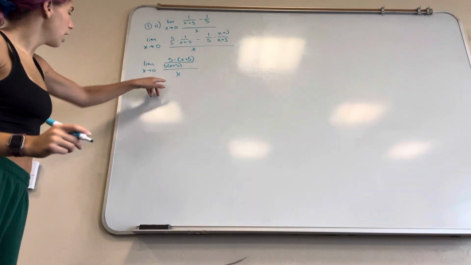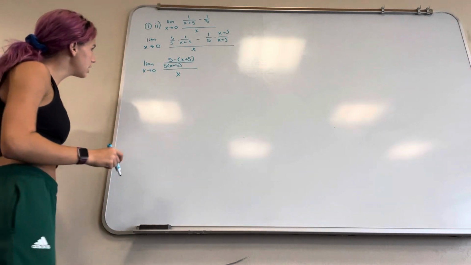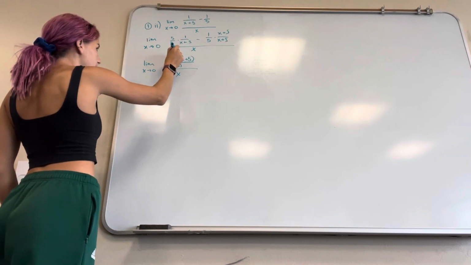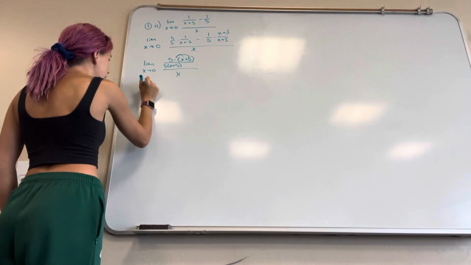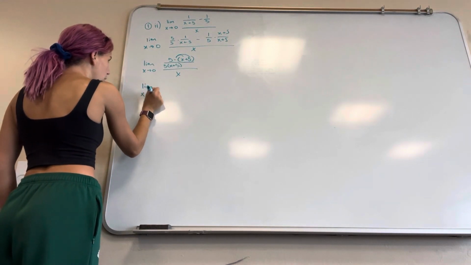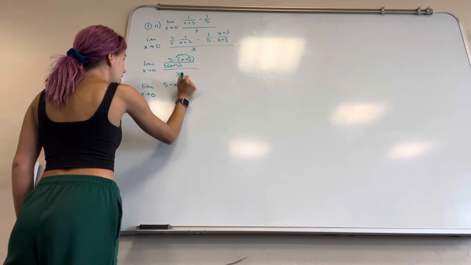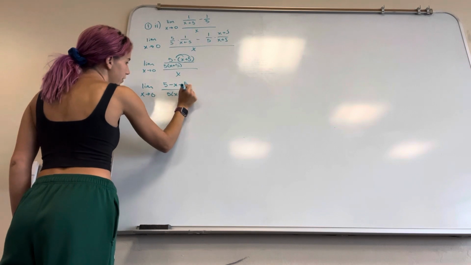So now here we're getting there, but we need to still do a few more things. Here we have the quantity, so we need to distribute this minus sign to both of these terms. So I'm going to rewrite this as the limit of x approaching 0, and then we have 5 minus x minus 5 over 5x plus 5 all over x.